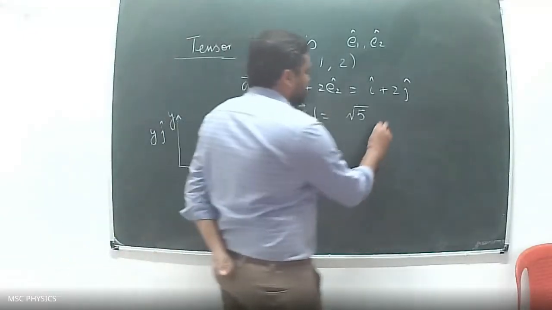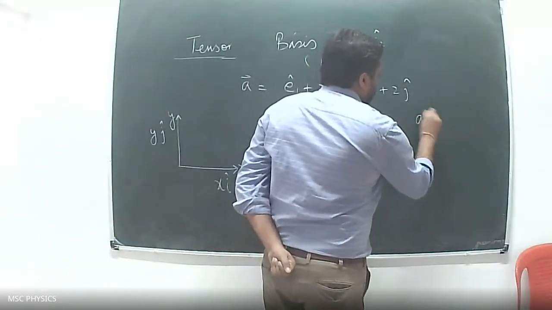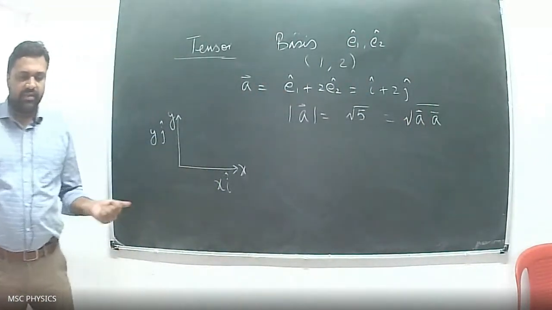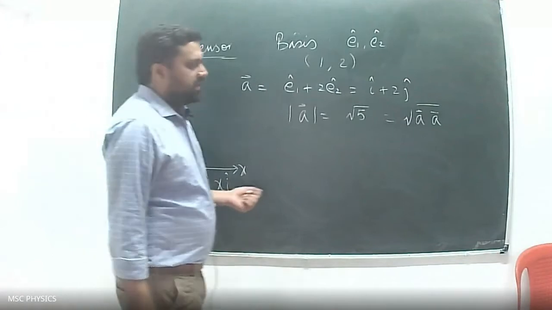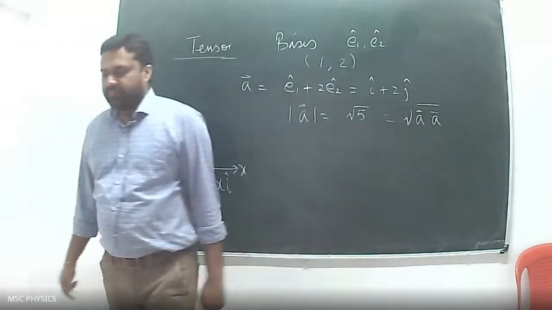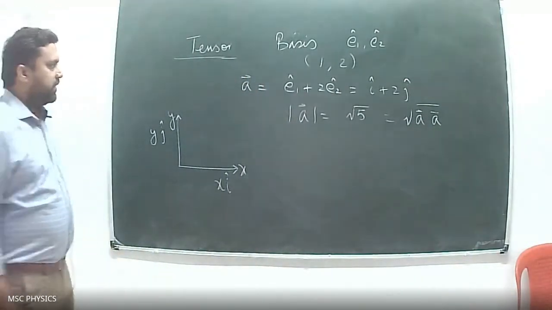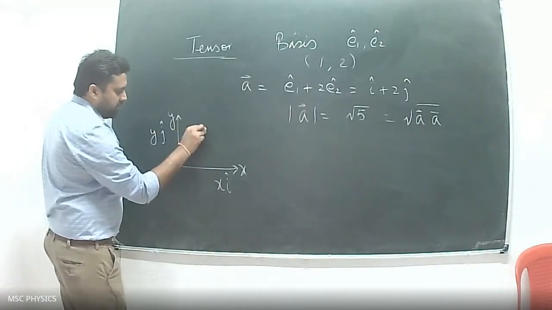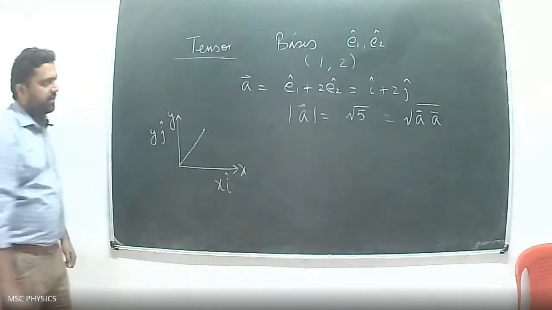So this is nothing but the square root of the dot product of a vector itself, which is again an important quantity, because this gives you the square of the length or the magnitude, because this vector A is basically a point measured from the origin, isn't it?